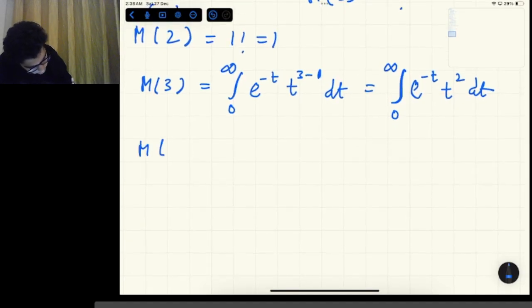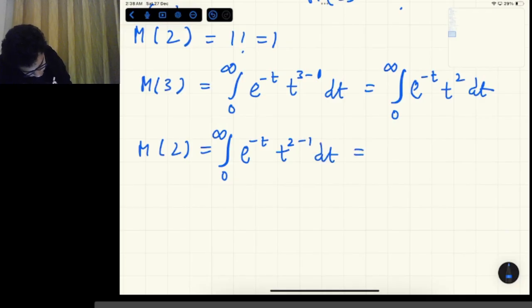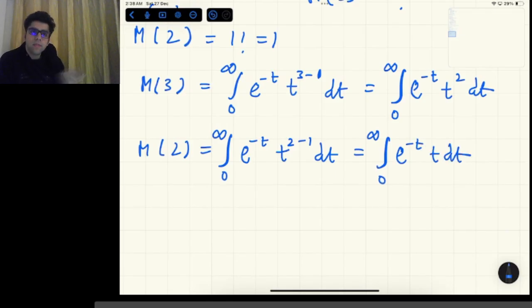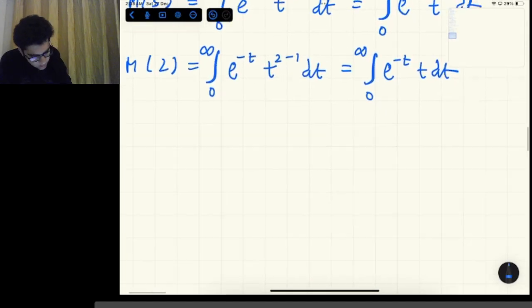Now m of 2 becomes the integral from 0 to infinity of e to the power minus t, t to the power 2 minus 1 dt, which is equal to the integral from 0 to infinity of e to the power minus t dt. See how simple the question became.